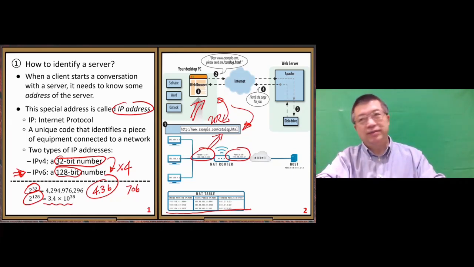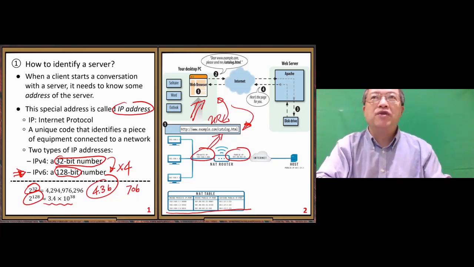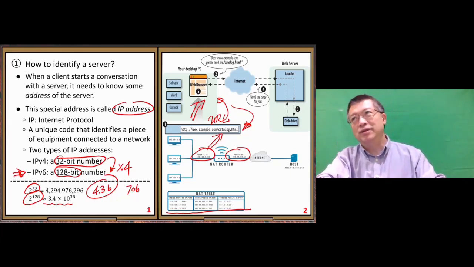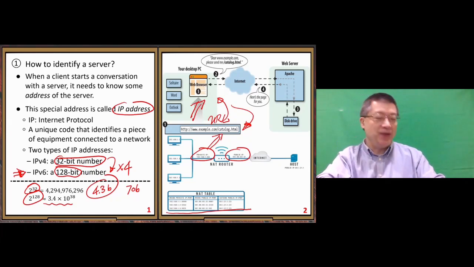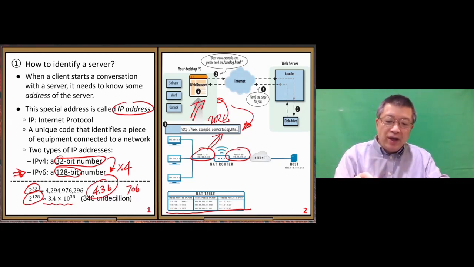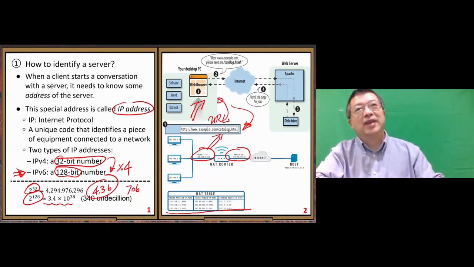Do you know what we call that huge number? There is a name. I believe most of you may not know it. I did not know it the first time I saw it. It is 340 undecillion.